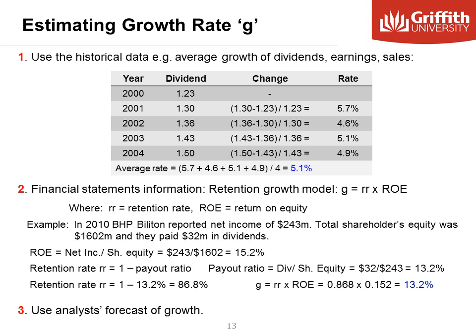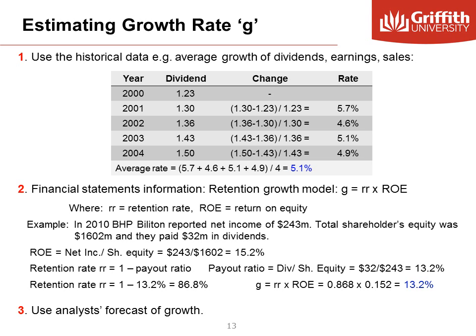Once we have each year's percentage change or growth in dividends, we take the average to give us an overall estimated growth rate, as we have in the table, an average growth rate of 5.1%. Another way is to use the information from the financial statements by determining the retention rate and the return on equity, and then taking the product of the two. This is called the retention growth model.